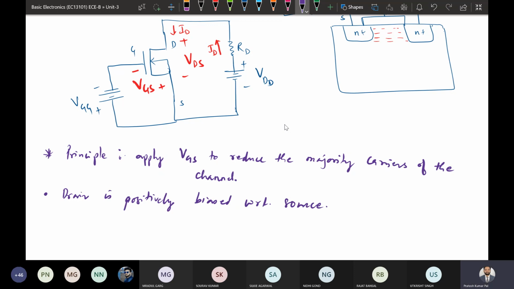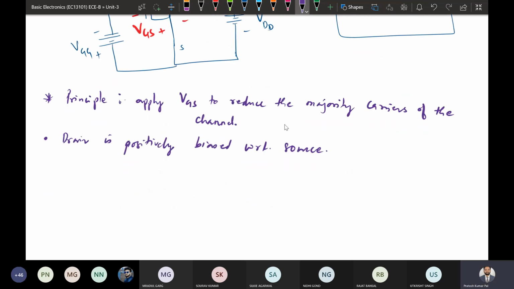So to operate under the depletion mode, the gate should be negatively biased with respect to the source.